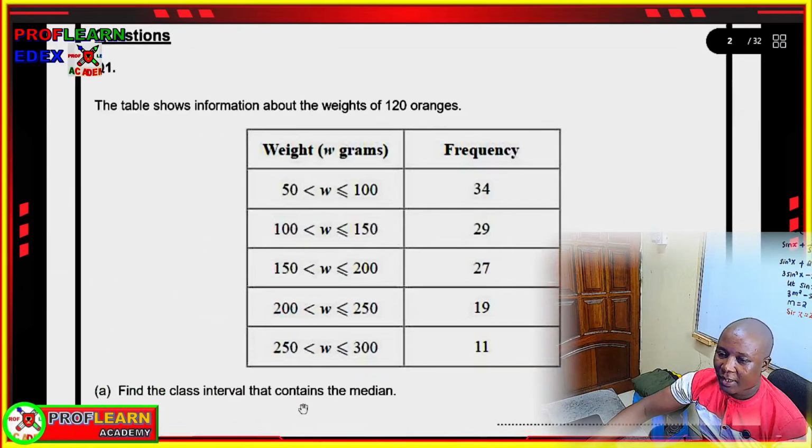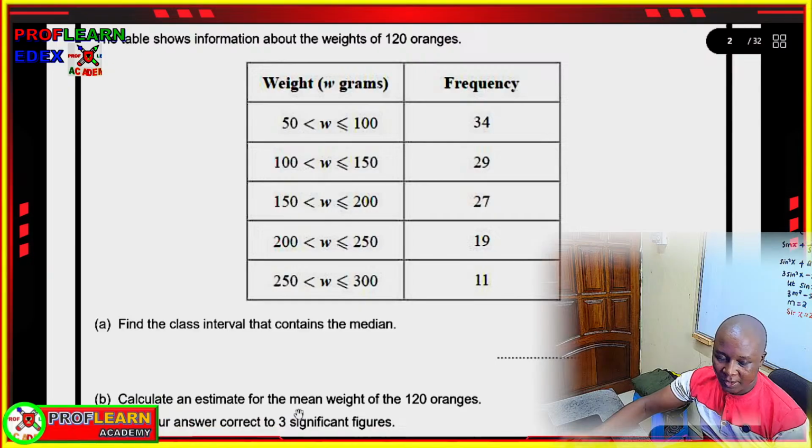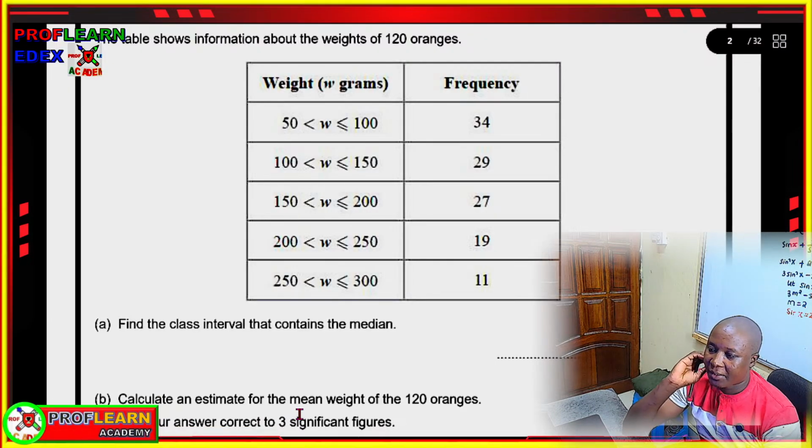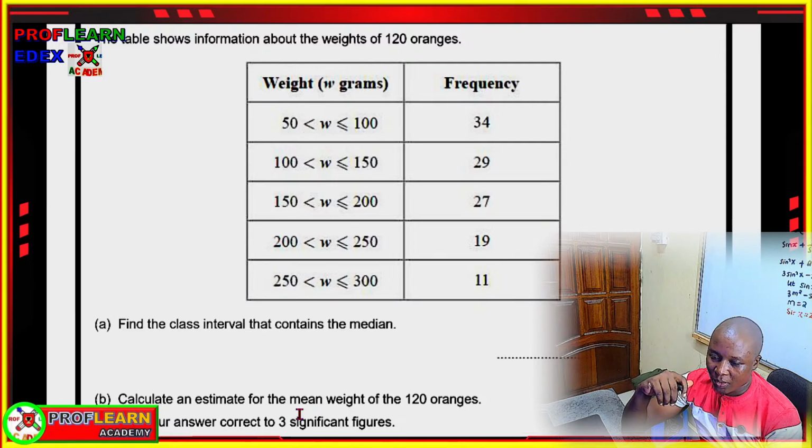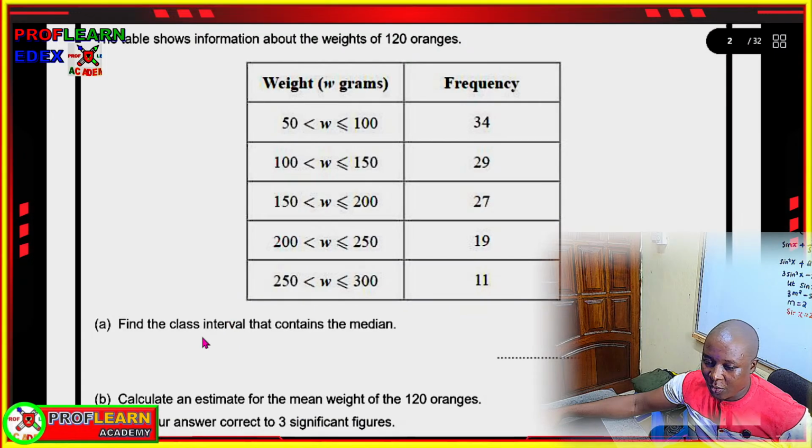One of the questions that I feel we need to prepare on is the question to do with statistics. You are asked to find the class interval that contains the median. If you add all this, this will be 34.